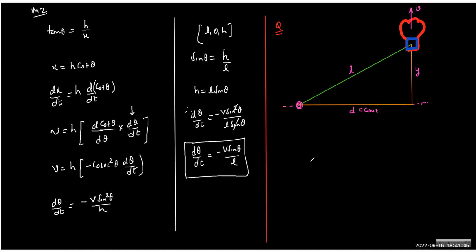So now I have just changed the situation. Now horizontal has become vertical, vertical has become horizontal. Y will change, L will change. Yes or no? Correct. The only thing constant is D.